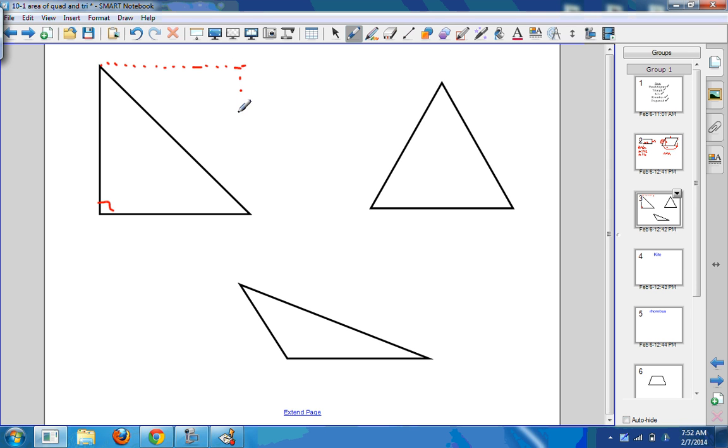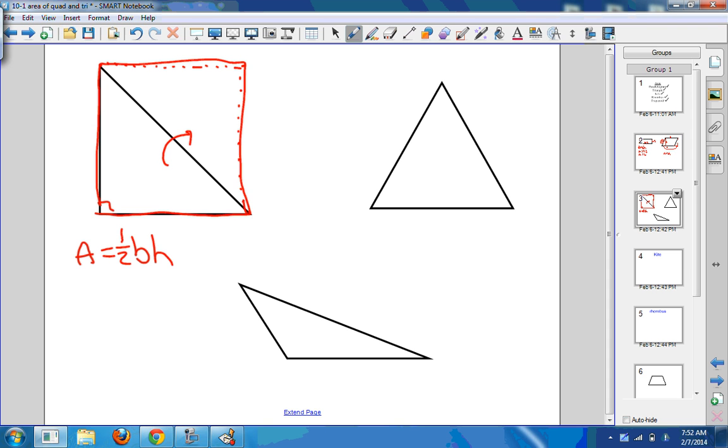If we had a triangle, we just kind of flipped it on itself, it would make a square or a rectangle. So we know that the area of a square or a rectangle is the base times the height. And a triangle is just going to be half that. So here we have the whole base times the height, but the triangle is just going to be half that.